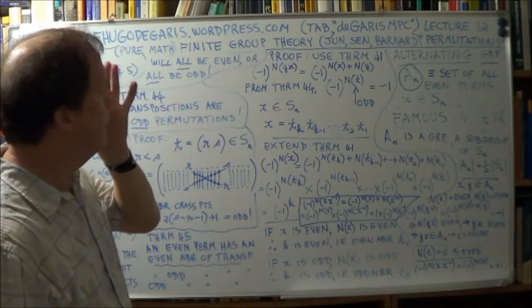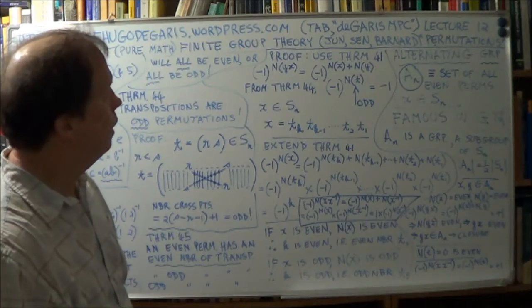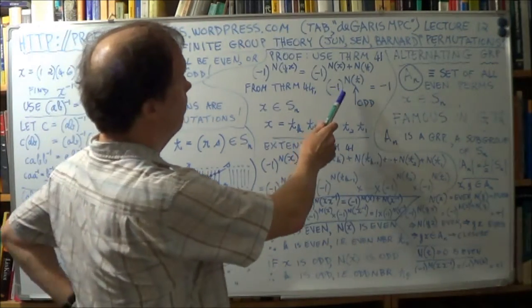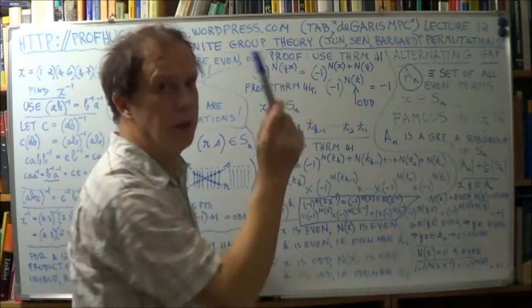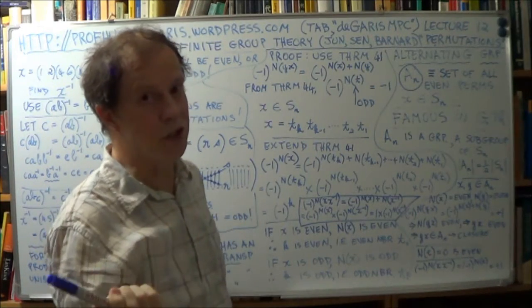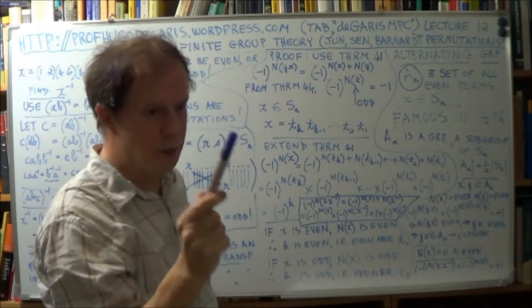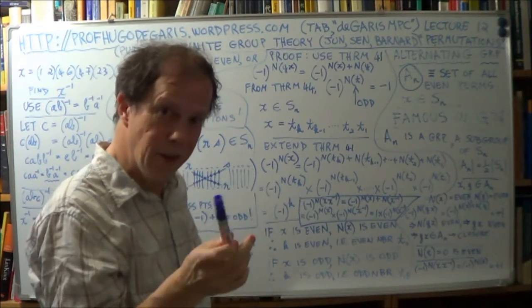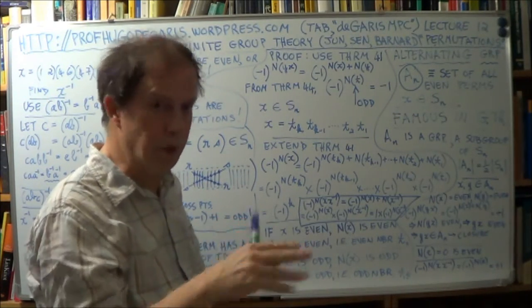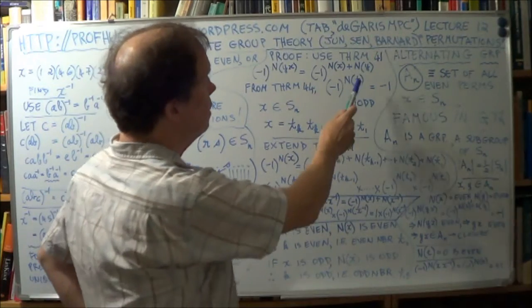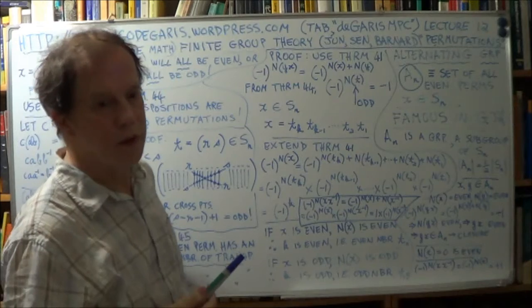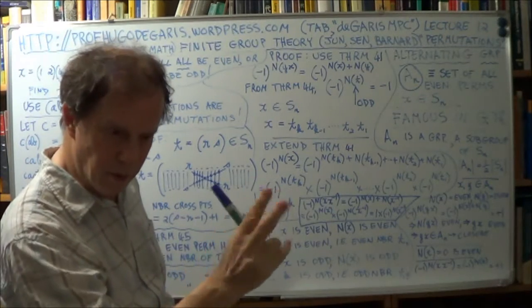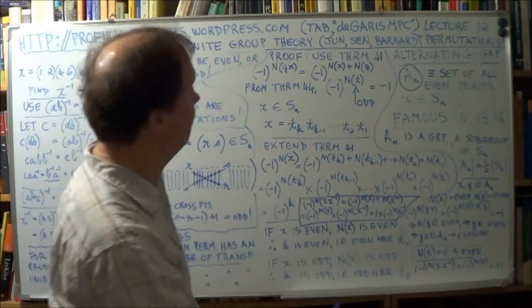Now let's see. If this x, now the x and y, they are just permutations, right? And a transposition is just a special case of a permutation, but still a permutation, right? So T here stands for a transposition, so a cycle of length 2, right?